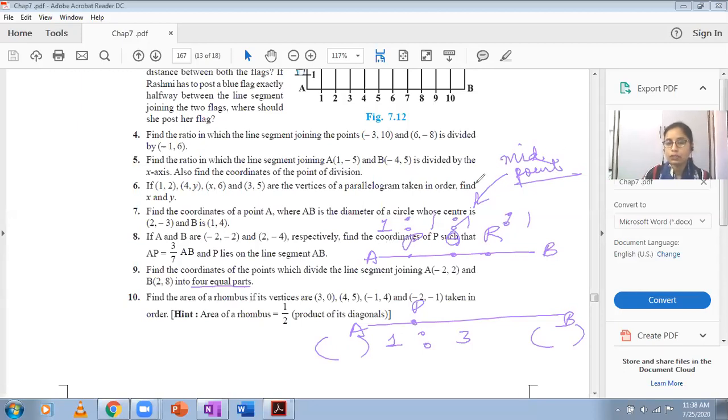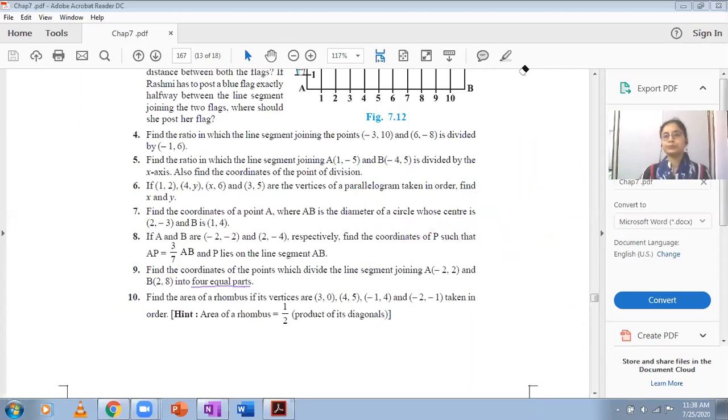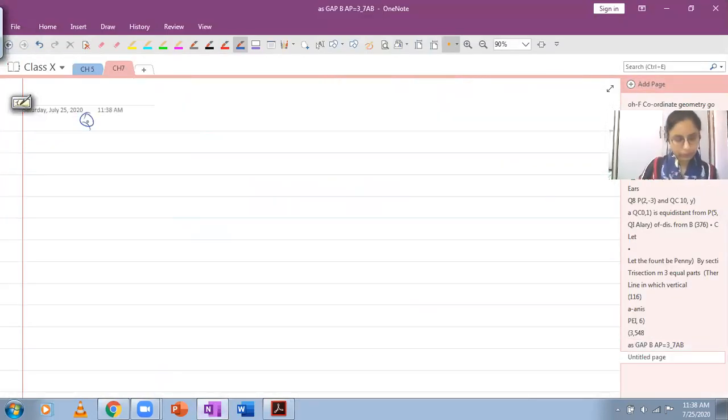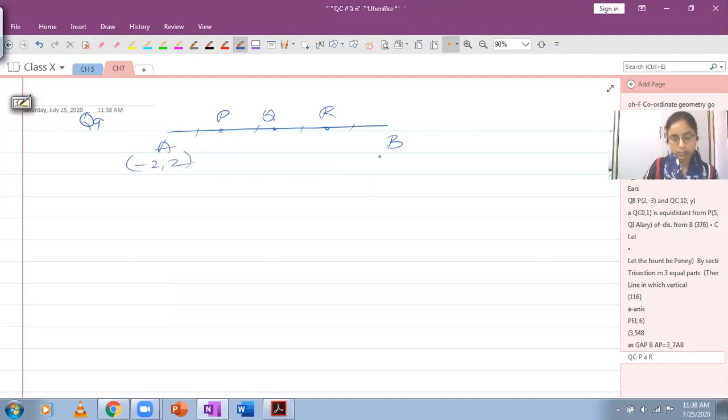If you just look at the parts, let's just do it here. This is question number 9. So we have AB, and this has been divided into 4 equal parts. Let the points be P, Q, R, and these parts are all equal. We have the coordinates of A as (-2, 2), and the coordinates of B as (2, 8).